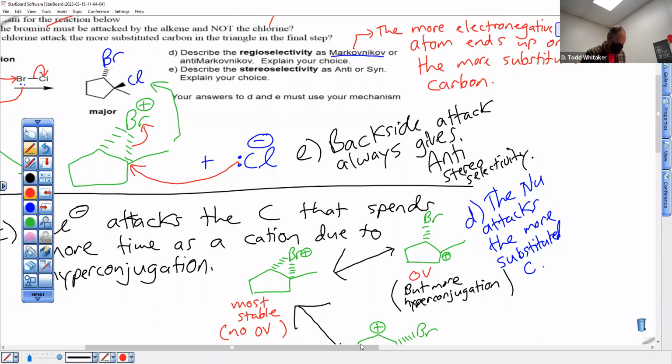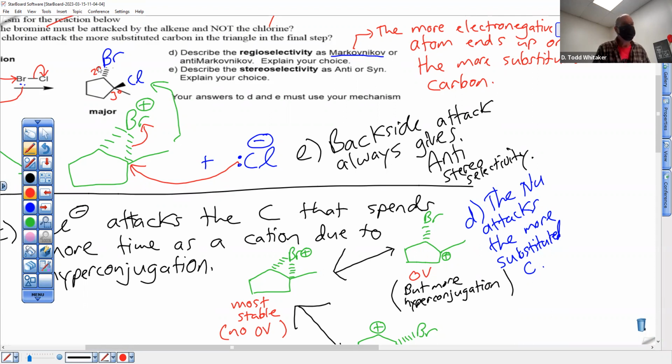It is this way. So, more electronegative Cl on the more substituted carbon. It's tertiary, right? Just to finish off this discussion. Tertiary is more substituted than secondary, which has the less electronegative halogen. I would like to point out that we already had an example of Markovnikov last time.